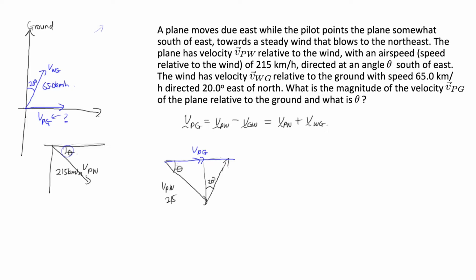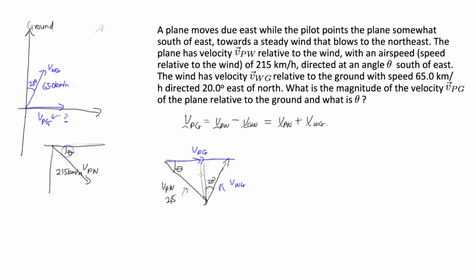Now, let's start by working out theta. Because it goes easterly, we know that the northerly components of this vector and this one, which is the velocity of the wind relative to the ground, must cancel each other out. So that's this side of this triangle must be the same as this side of this triangle.